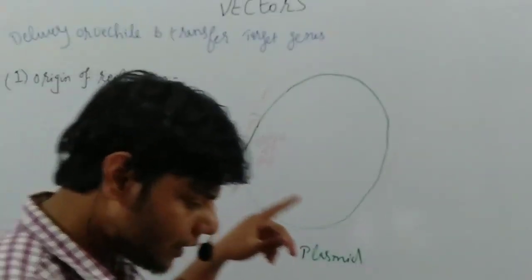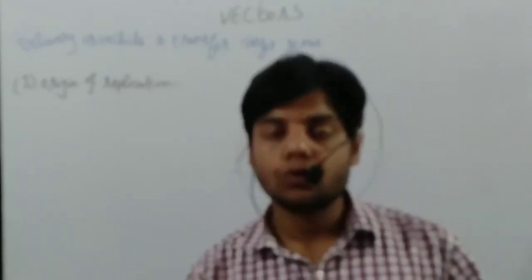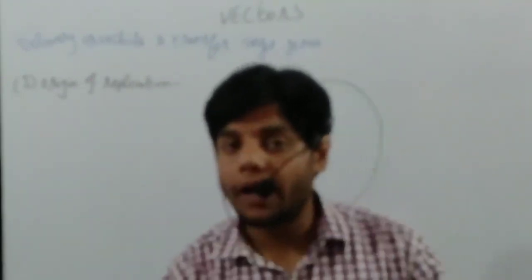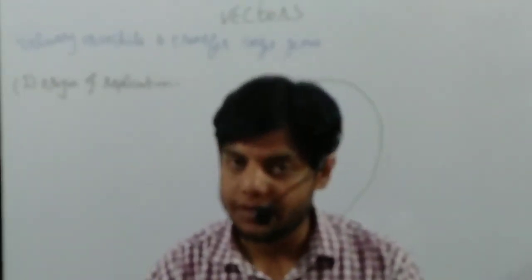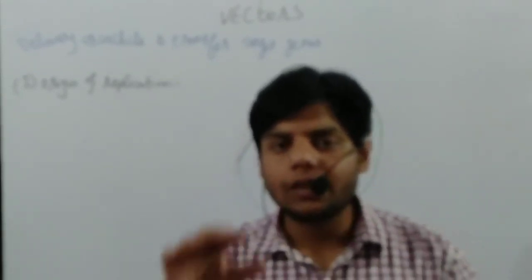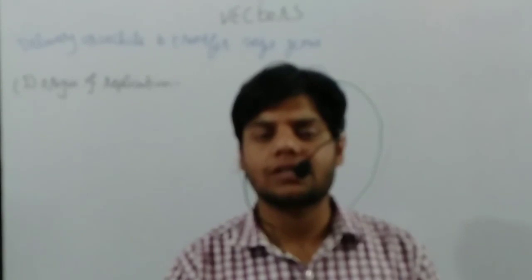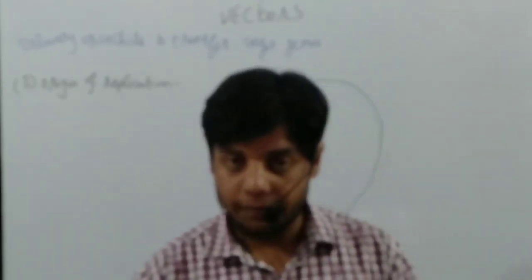One thing, the second thing is that with the help of a vector we can transfer our gene of interest to the host cell. Remember, when we don't have a vector, our gene of interest will not be inserted into a bacterial cell. When we insert the target genes into a bacterial cell without a vector, it will be degraded by restriction enzymes.